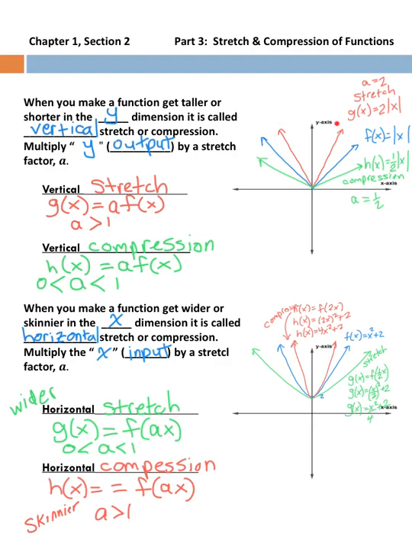So this red absolute value is getting taller, but it also got skinnier in the horizontal dimension. Vertical stretch and horizontal compression are very much related to each other when we're using functions that are symmetrical. If you have a function that's not symmetrical looking, they wouldn't necessarily be related. But when they are symmetrical, you're certainly going to see a relationship there.